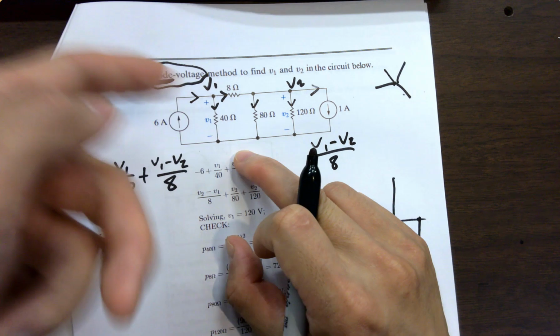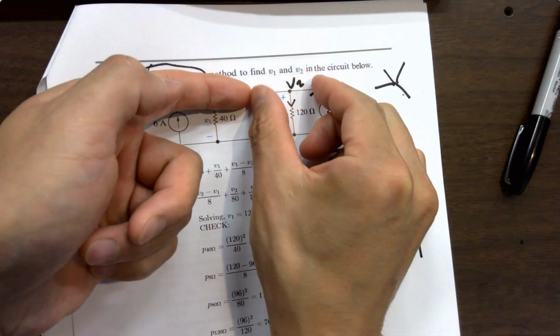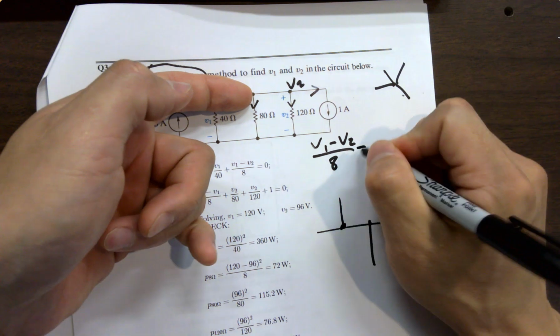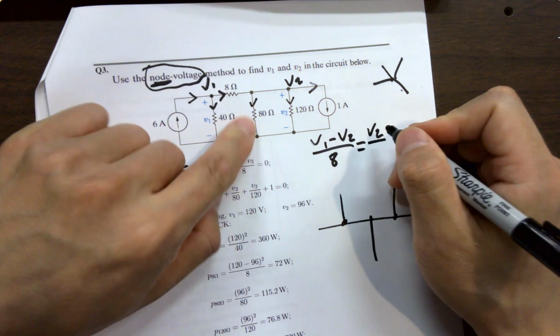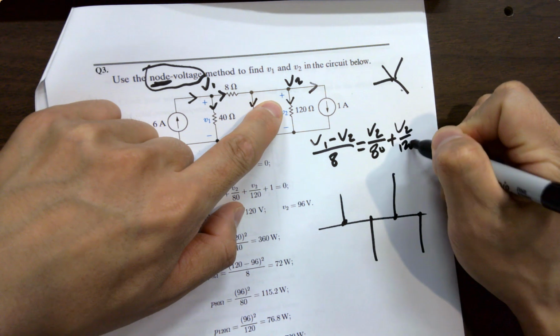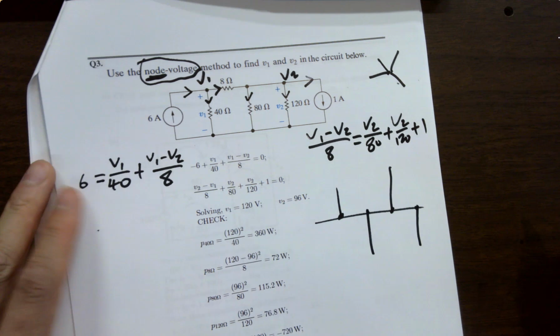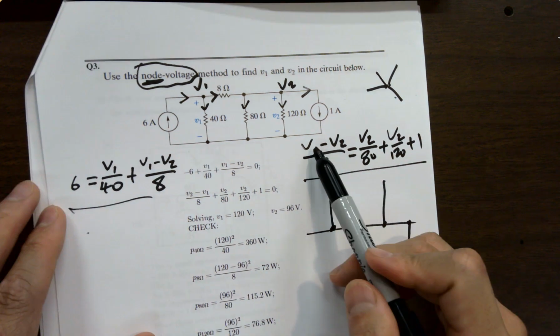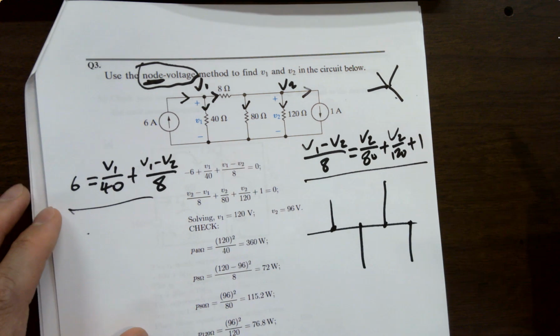It's one single current flowing in, and looking at the melted node, you got 3 currents flowing out. So what are the 3 currents? V2 over 80 plus 1, right? So 2 equations, 2 variables, you can definitely solve for V1 and V2 easily, right?